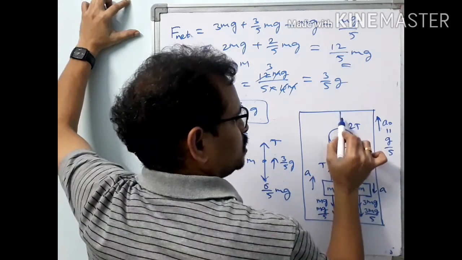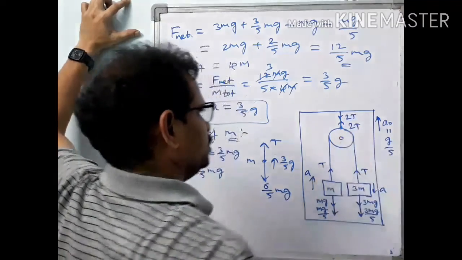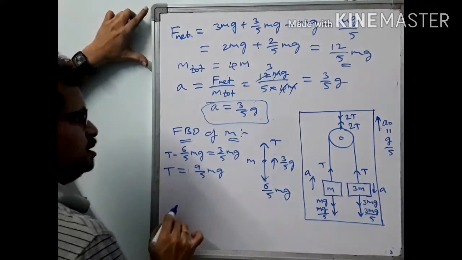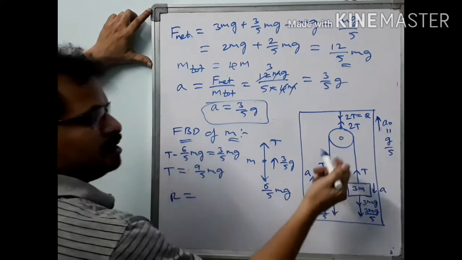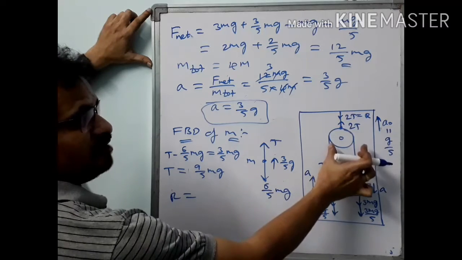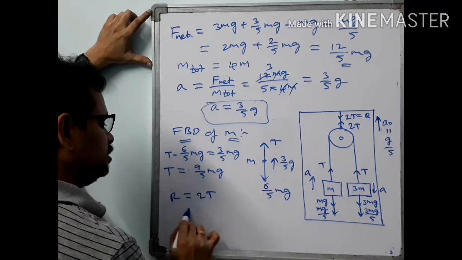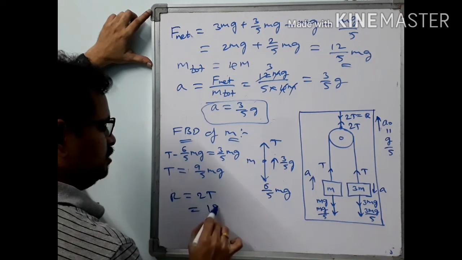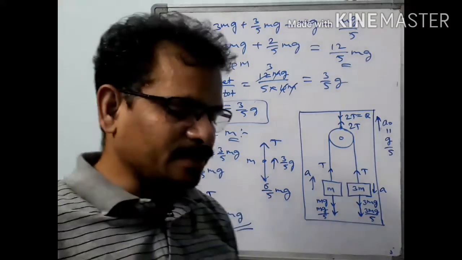So here also, because this is also a massless string, what is force here? 2T. Therefore, let us say this one as R, that is the pulley is pulling this roof of the elevator with a force R given by R equal to 2T, that equal to 18 by 5 mg. See how much simpler the problem has become here.